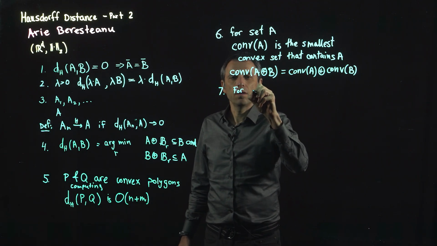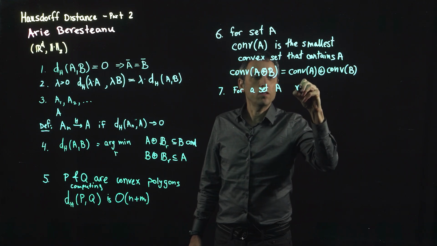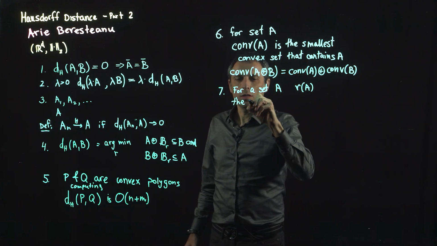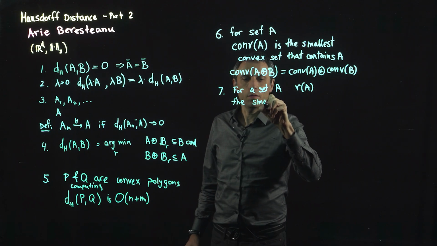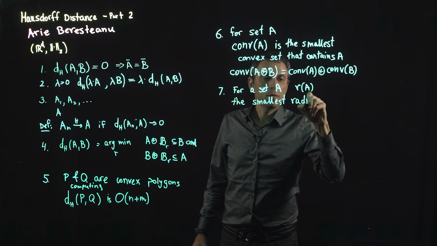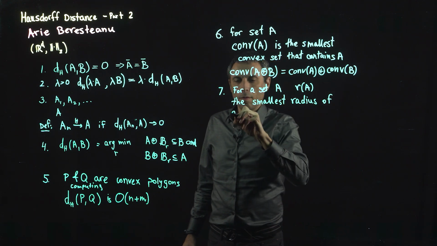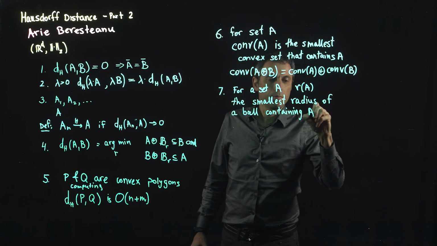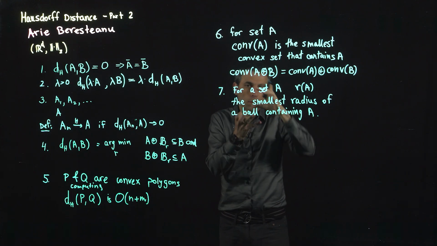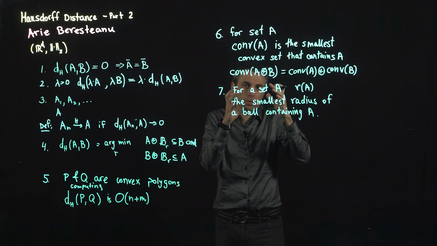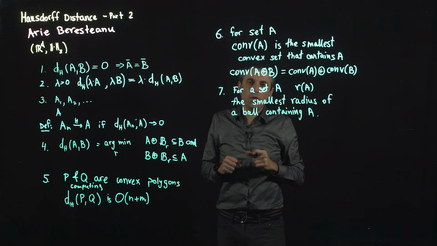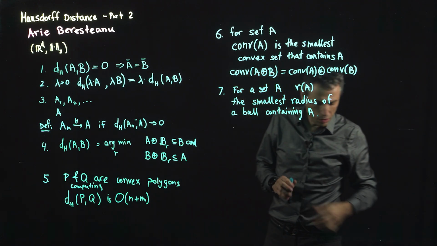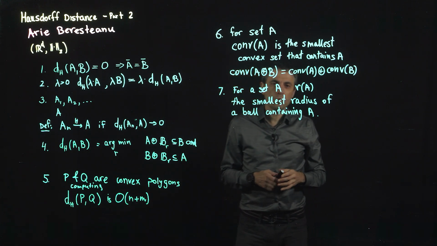Okay, so for set A, the radius of A, R of A, is going to be the smallest radius of a ball containing A. Okay, so I will picture a ball and it will contain inside of it A, and I shrink it up to the point where I can't make the radius of that ball any smaller without getting into the set A. Okay, so that's the definition of a radius.